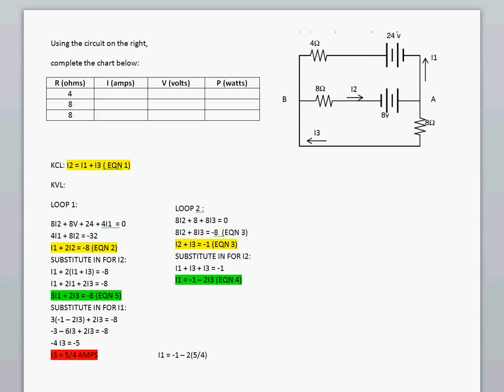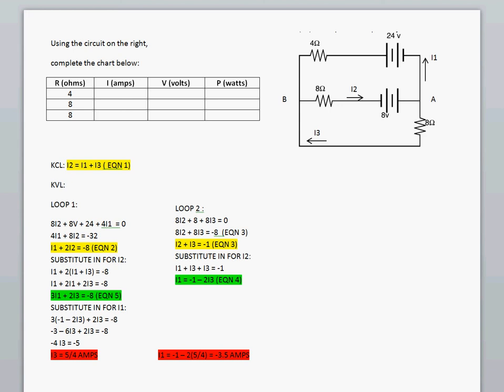That's what I said it was. And if I do that, I should get that I1 turns into negative 3.5 amps. So there's my I1.